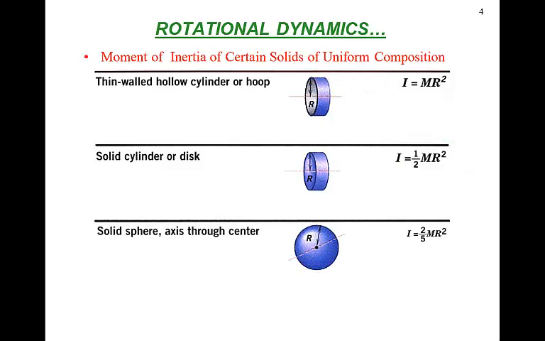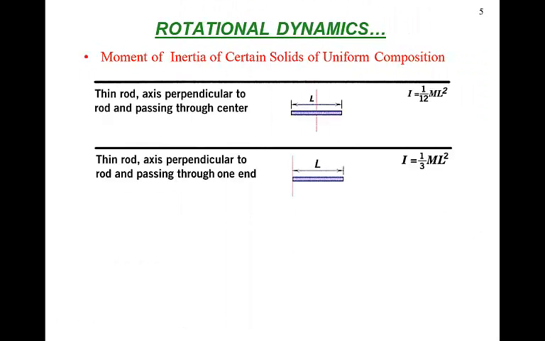For a solid sphere, the moment of inertia is found to equal 2/5 mr squared. Notice that for a hollow sphere, which is not given here, the moment of inertia is equal to 2/3 mr squared. The moment of inertia of a thin rod about an axis that is passing through its center is found to equal 1/12 ml squared, where L is the length of the rod.